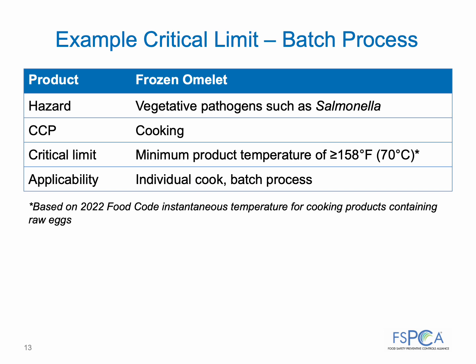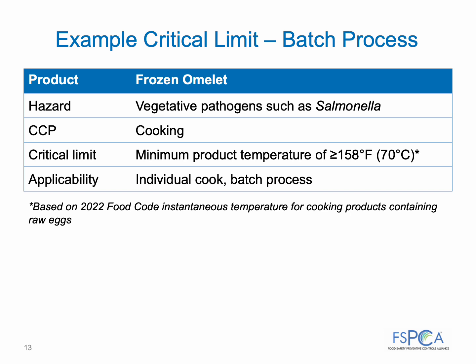In the example on the slide of the frozen omelet, it is a batch process where there is a measurement of product temperature. In this case, the product temperature achieved during cooking is set as the critical limit.